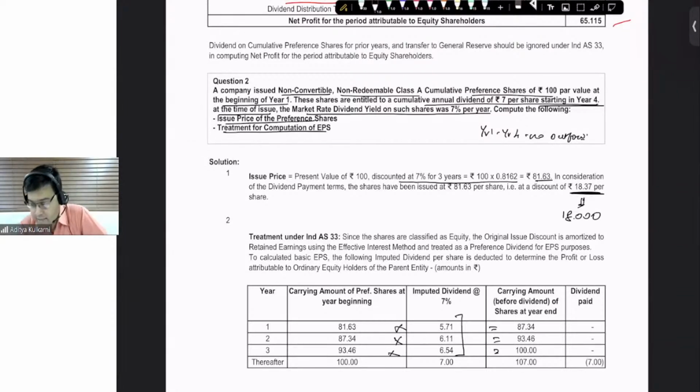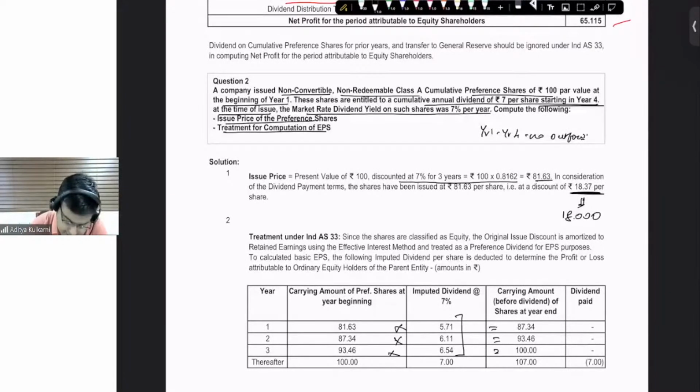Have you guys understood? Yes, so 18,000 I go on writing back. So therefore that is the adjustment which we have done in our question. Soham, did you follow? Others, any doubts with that 18,000?